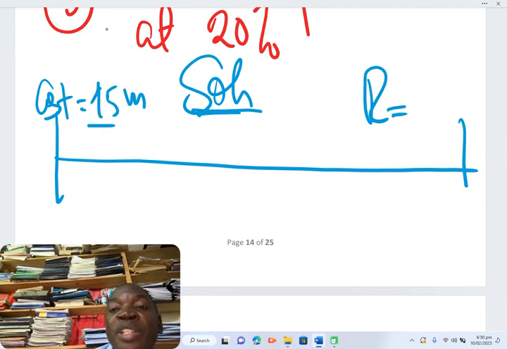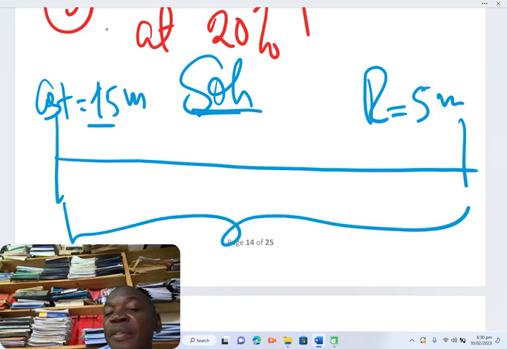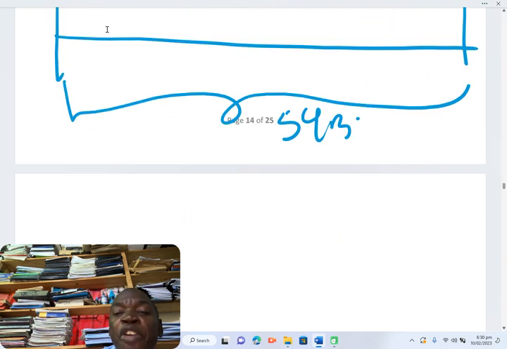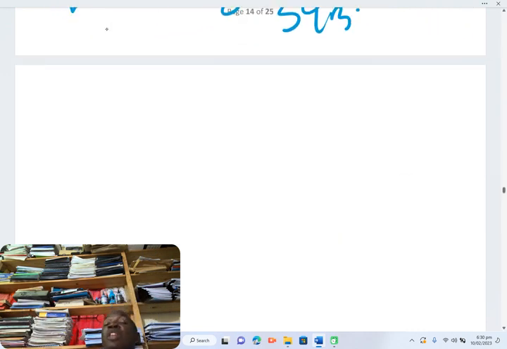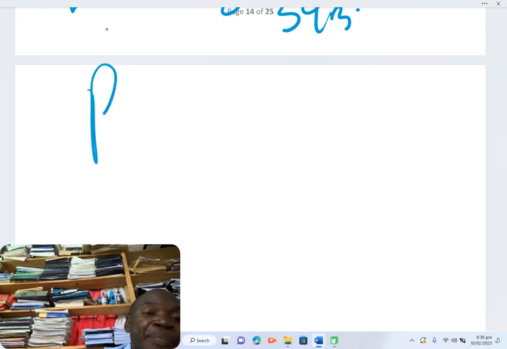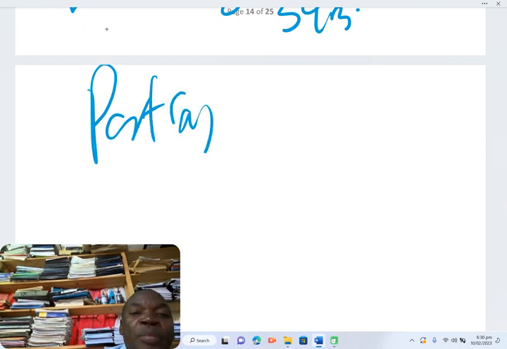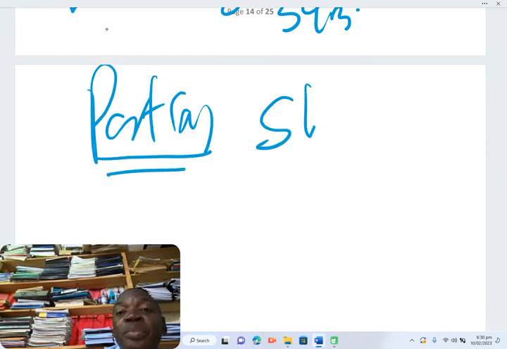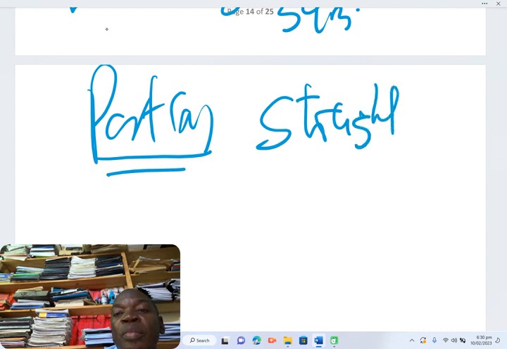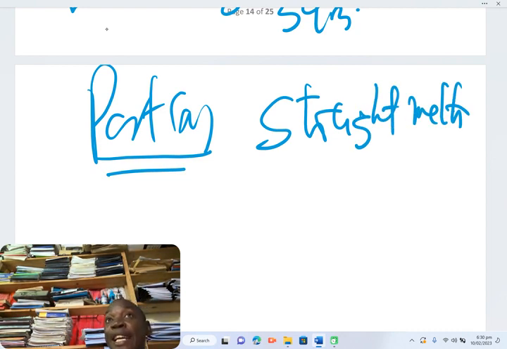And the residual value is how many? How about the life? 5 years. Now if we use the straight line method, so part A, use what? Straight line method.